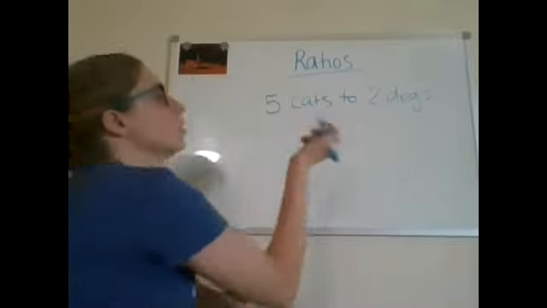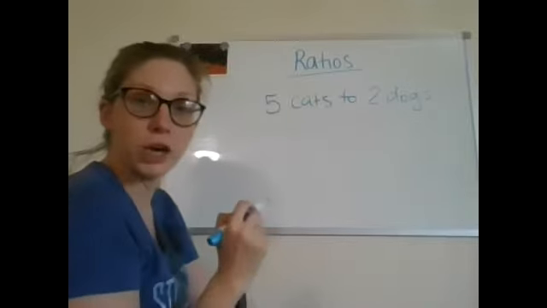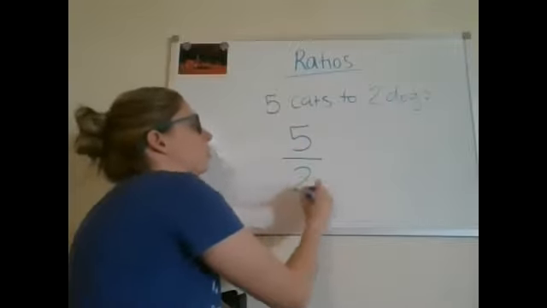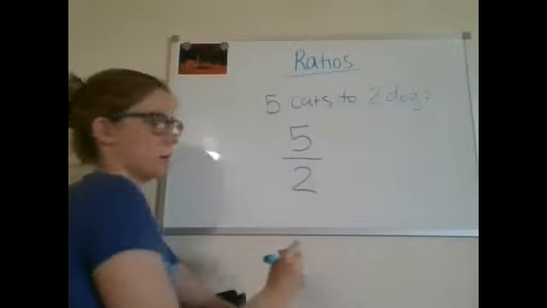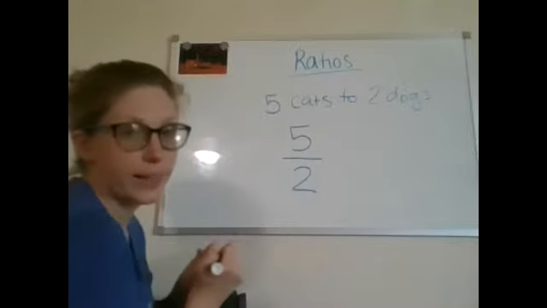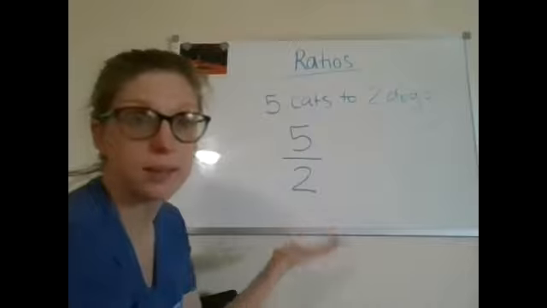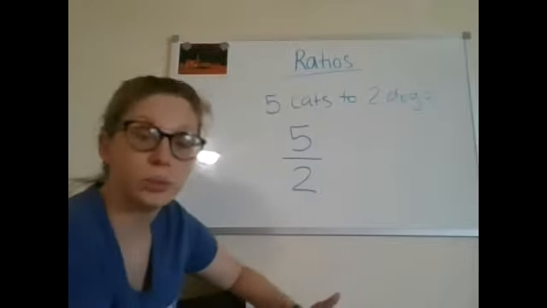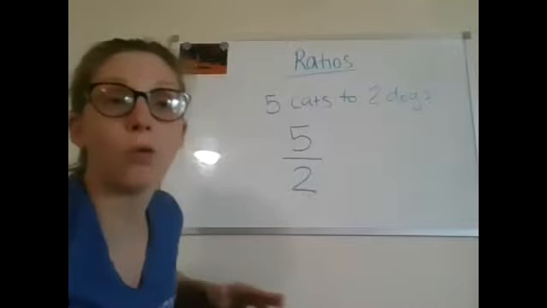Anyway, so if we compared and wrote a ratio to compare cats to dogs, this would be 5 over 2, because we're comparing cats to dogs. Now, if you wanted to write this as a mixed number, because right now this is an improper fraction, again, that's not wrong.